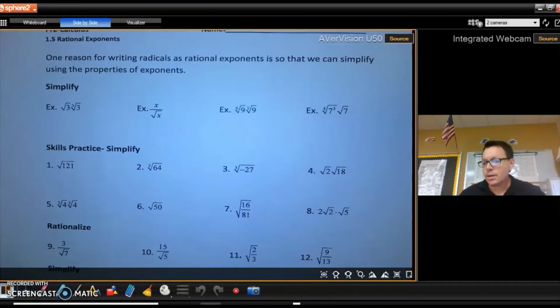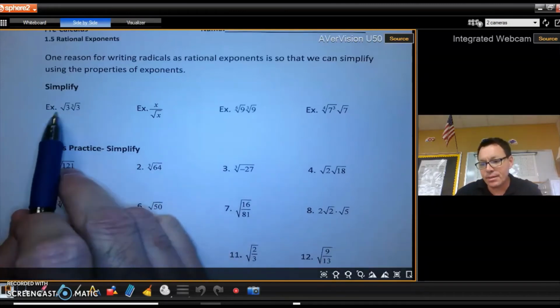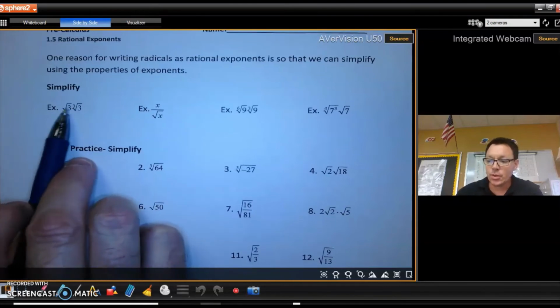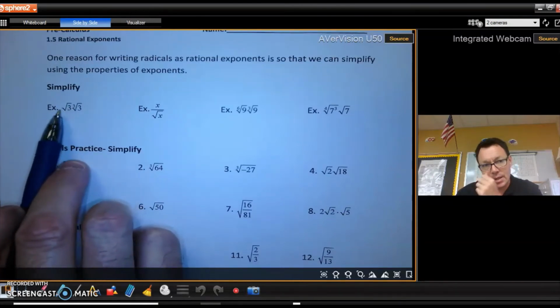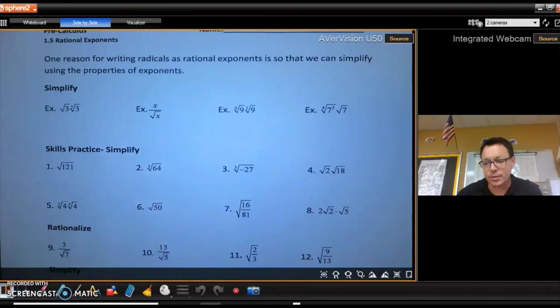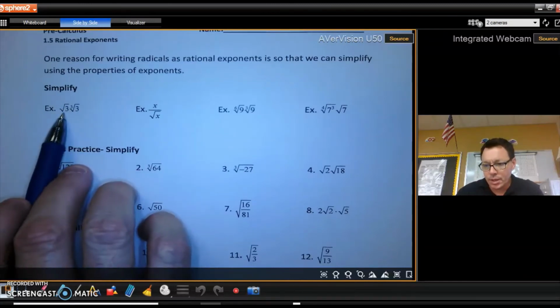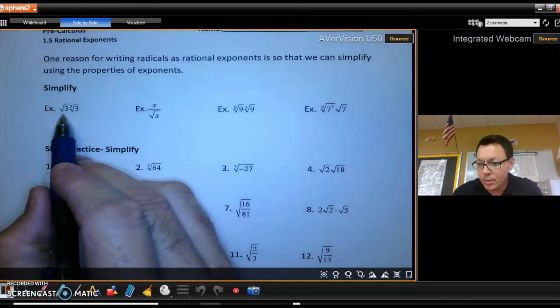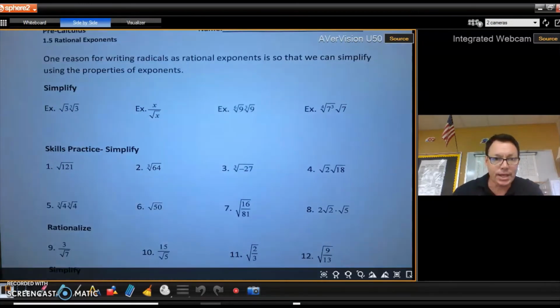All right, now the whole reason that we even use these rational exponents is because it allows us to simplify radicals that don't have the same index. Okay, it allows us to simplify things like this. For example, this is the square root of 3, and this is the cube root of 3. They're not the same. We can't combine them together and multiply them or do anything with them unless we turn both of these into rational exponents.